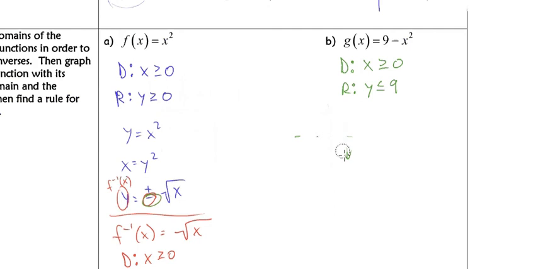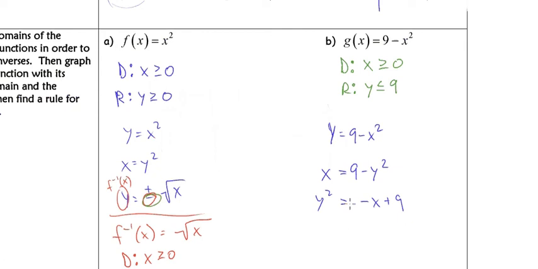All right. Now as we find our inverse, again, swap your x and y values. So we'll have y equals 9 minus x squared, which, if we're finding the inverse, x equals 9 minus y squared. I want to get y by itself, so probably the easiest way is add y squared to both sides, subtract x. So y squared equals negative x plus 9.